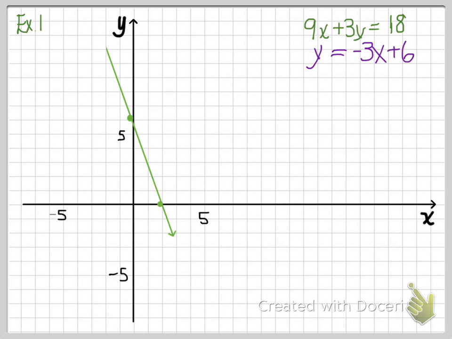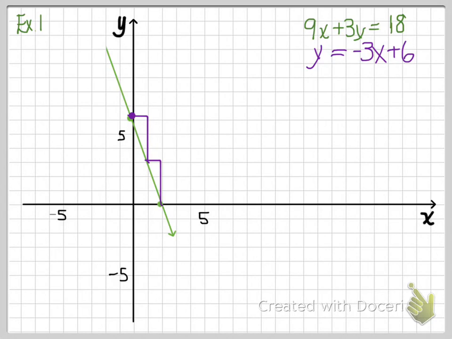So the first point we have is 0, 6. So I get my purple dot here and put it right there. And then our slope is negative 3, so that would be over 1, down 3, over 1, down 3.